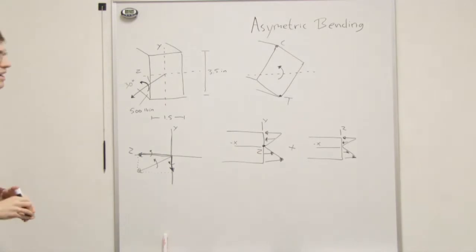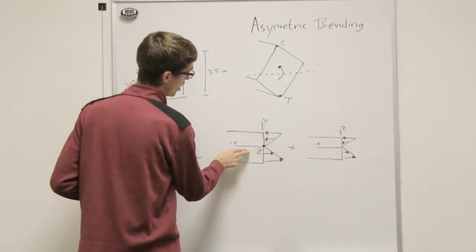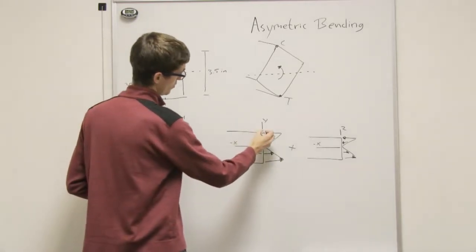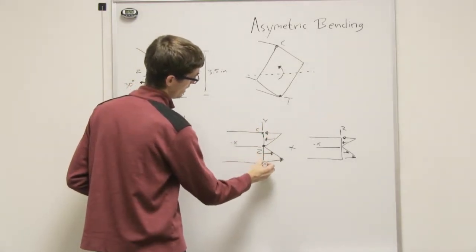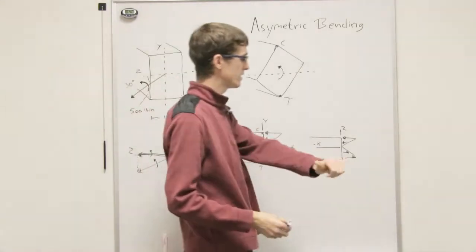So you have a moment going about that z-axis, and you can solve for, for example, the compression up here and the tension down there. And you can do the same thing about the y-axis.